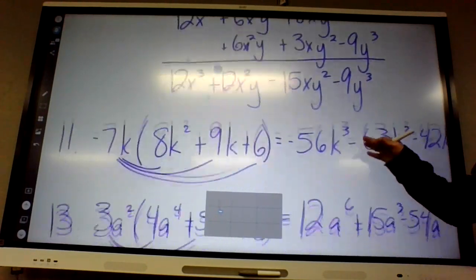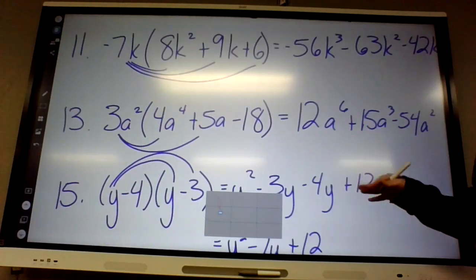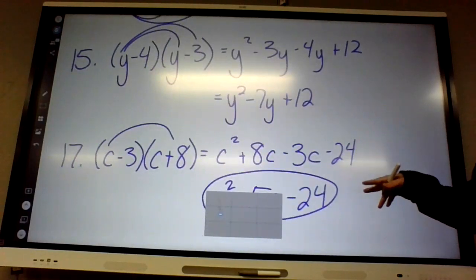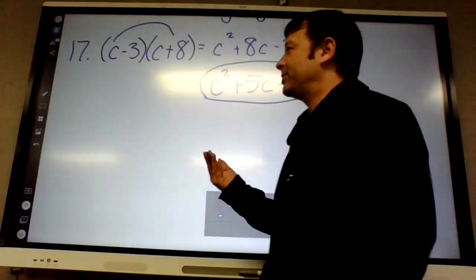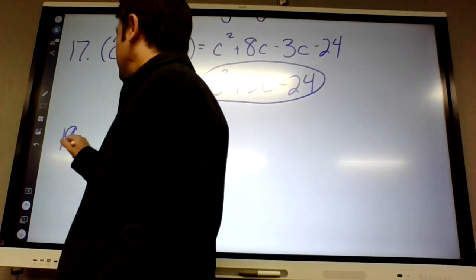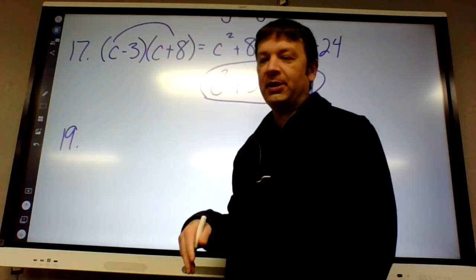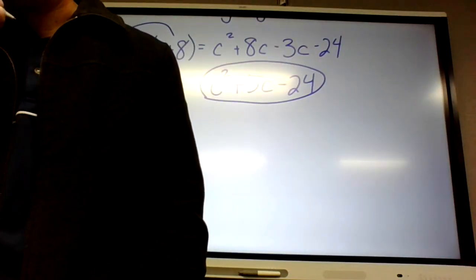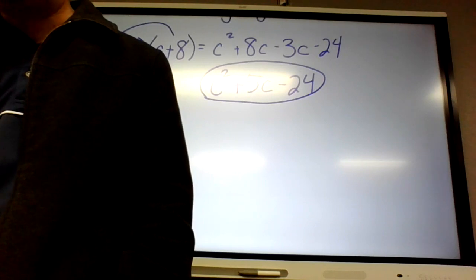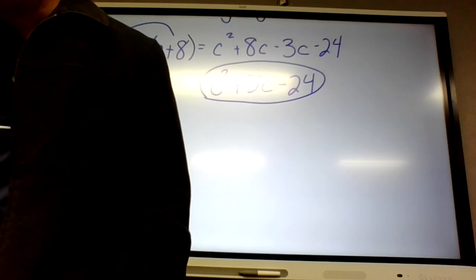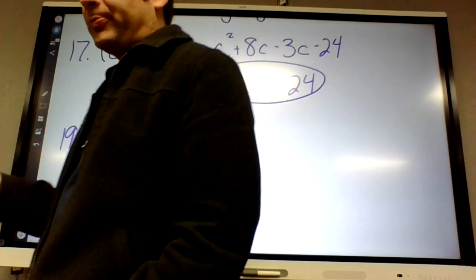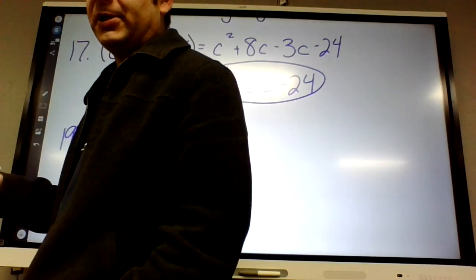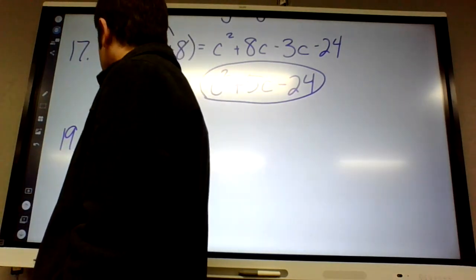A lot of these you don't have to show work on. But basically, if there's any work to do, then it needs to be shown. If there's anything you have to work out. That's my general rule, though. If there's no work to show, then no. But I don't want you just copying down the problem just to copy down the problem. But number 19, definitely expect to see some work on this one.